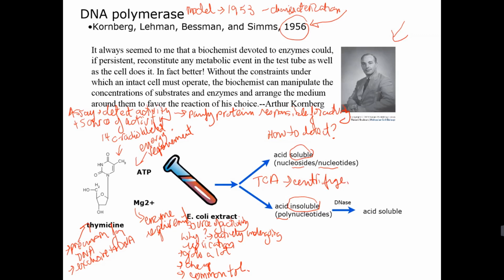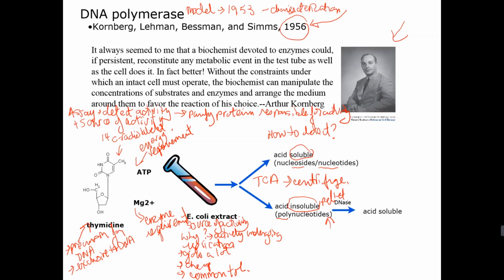And now they have the pellet of our insoluble stuff on the bottom and a clear supernatant. So you can remove the supernatant, count the radioactivity that's recovered in the pellet, and if you've made a DNA polymer, the expectation is that you should have some radioactivity in your pellet. So that kind of makes sense.